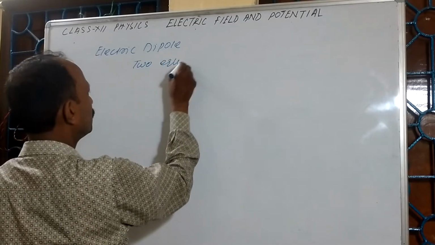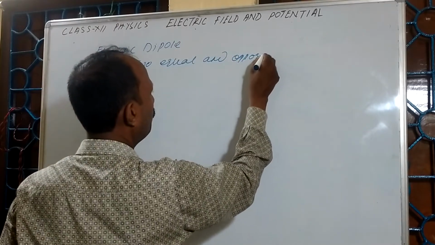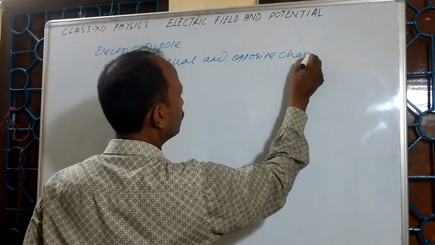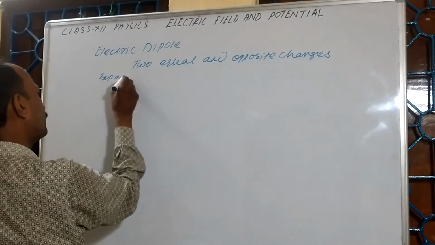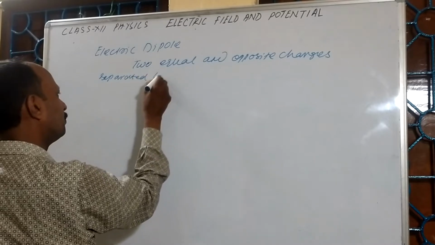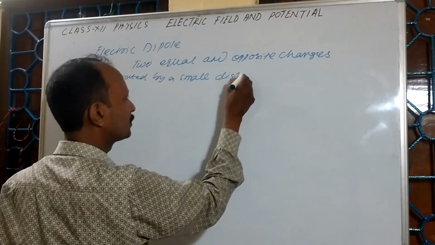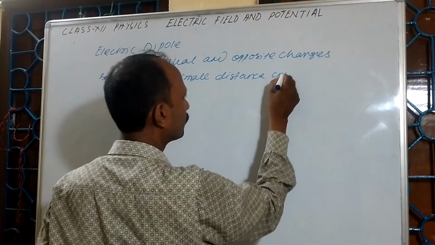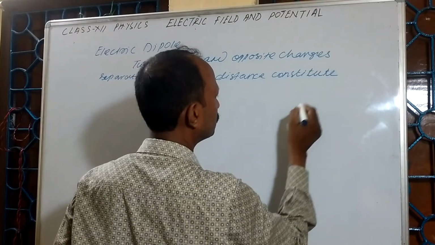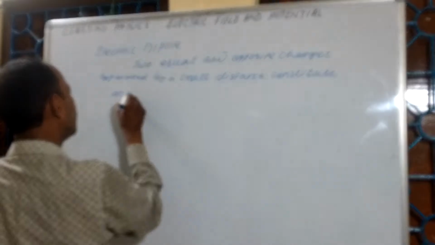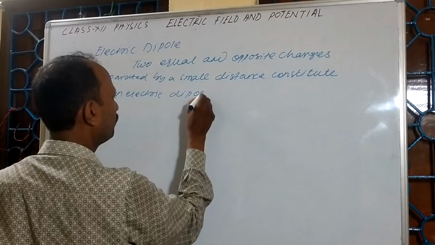Two equal and opposite charges separated by a small distance constitute an electric dipole.